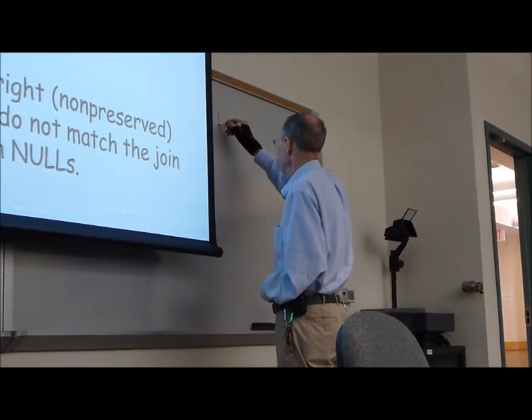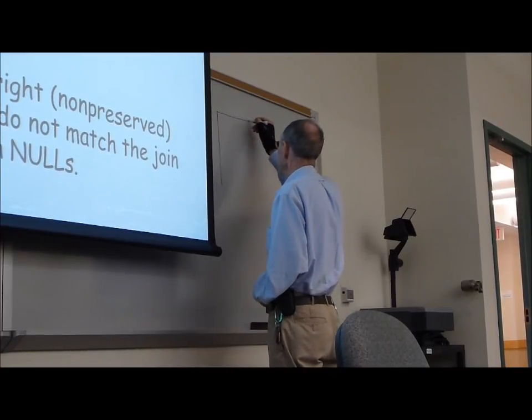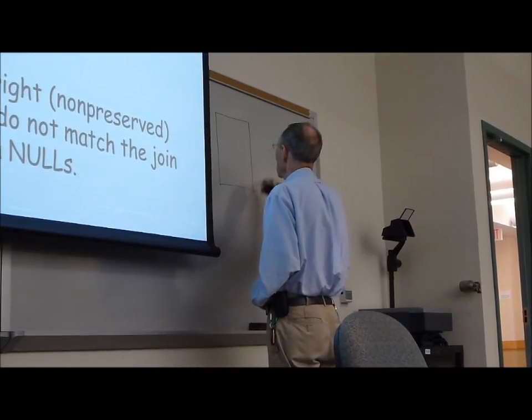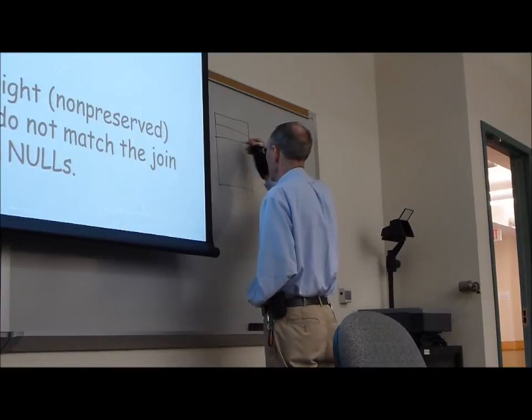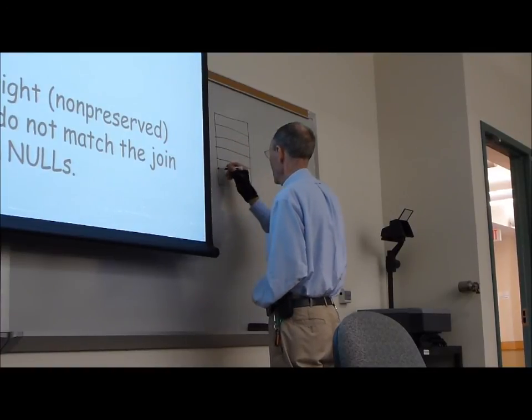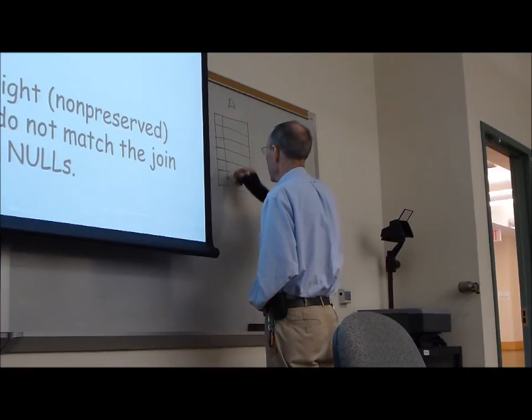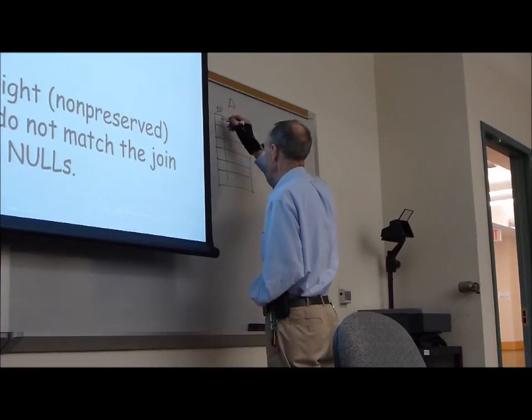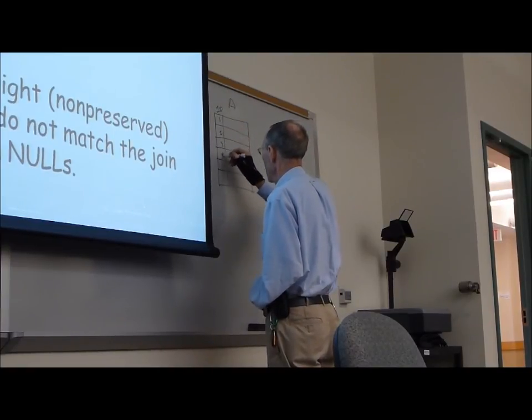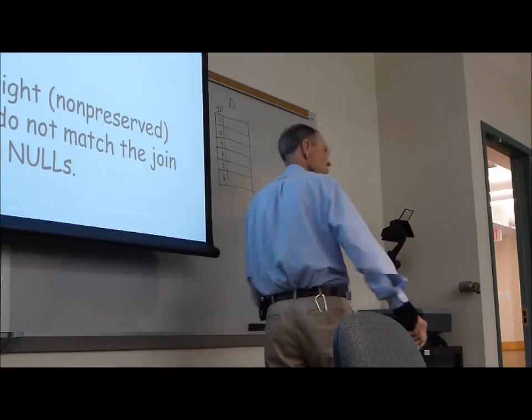Let's suppose, very, very simple, I've got table A, and I've got an ID here: 1, 2, 3, 4, 5, 6.